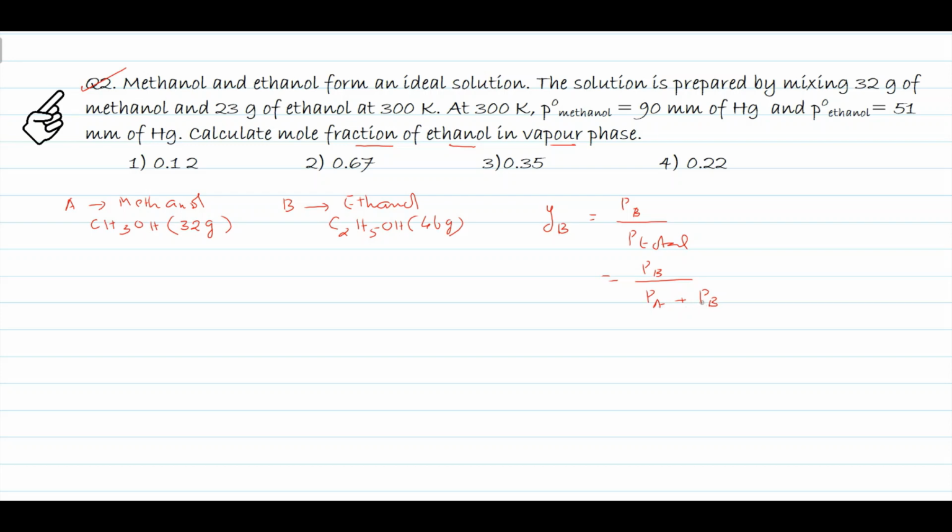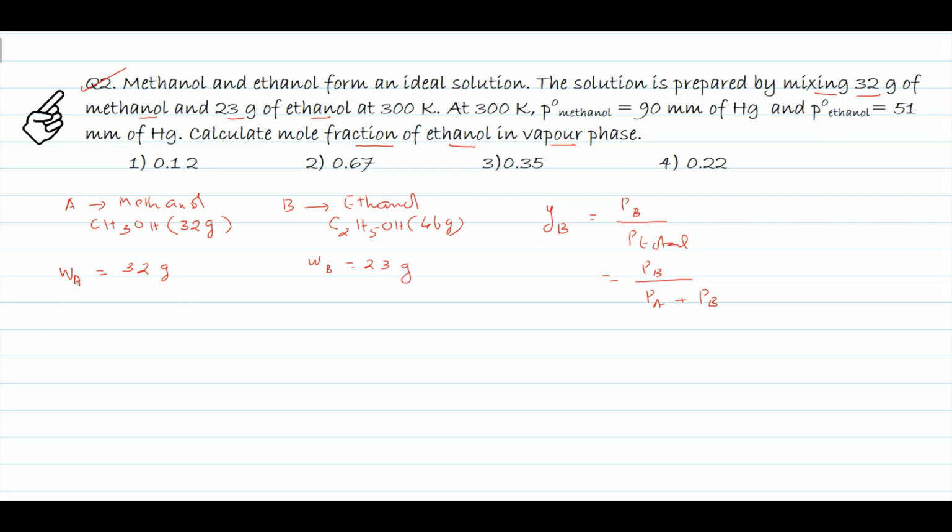In the question, see, solution is prepared by mixing 32 gram of methanol and 23 gram of ethanol. So they have given mass of methanol and mass of ethanol. So I can write here mass of methanol WA equal to 32 gram, correct? Mass of ethanol WB equal to 23 gram.